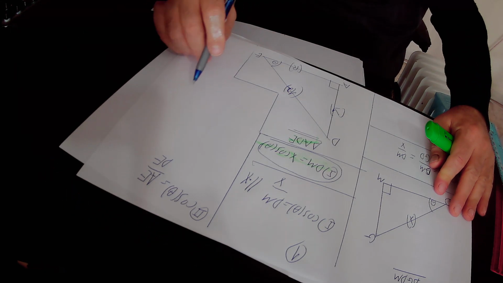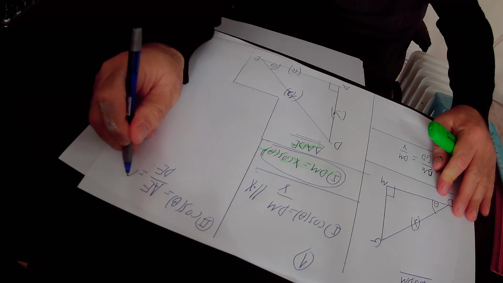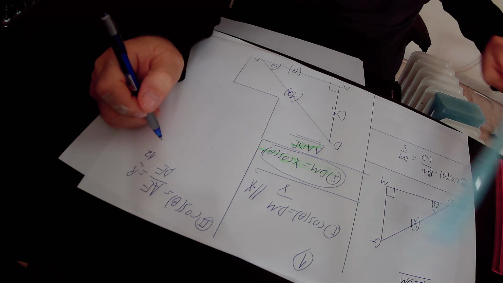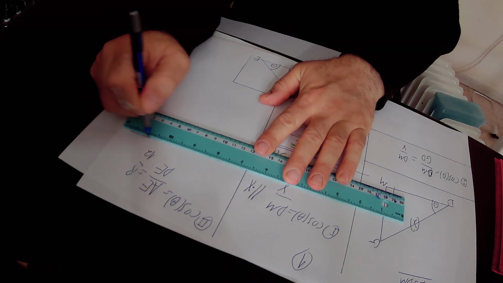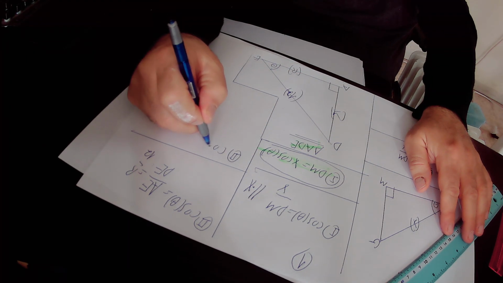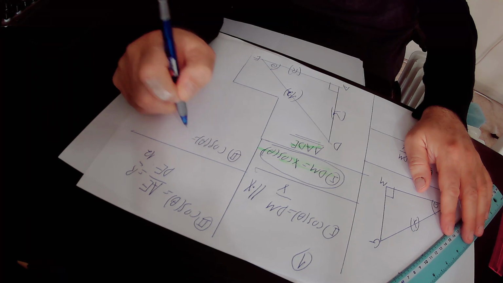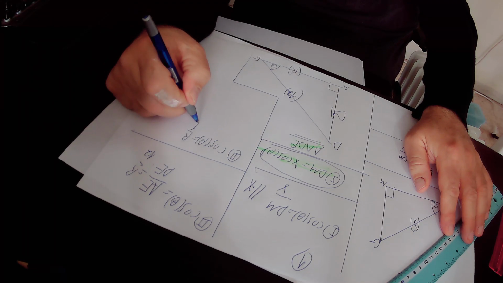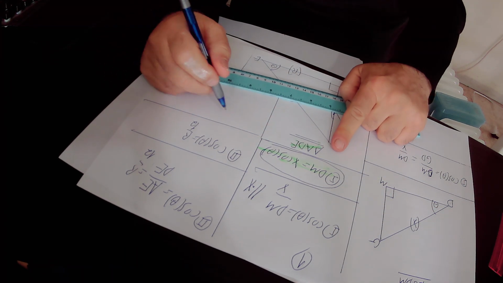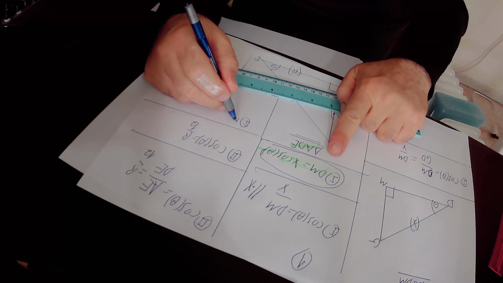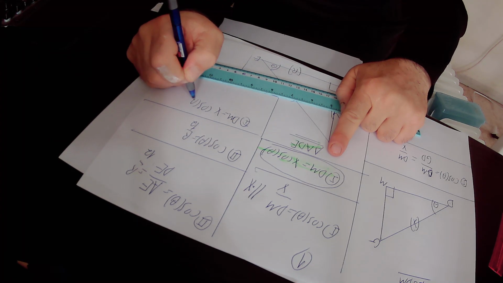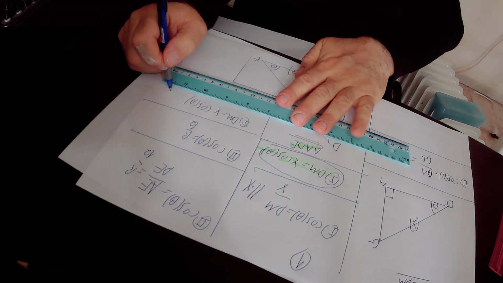So cosine theta equals AE, that is R, over DE, that is 12. So in total, according to equation 2, we found out that cosine theta equals R over 12. While according to equation 1, we have already found out that DM equals x times cosine theta. So we have here two equations.